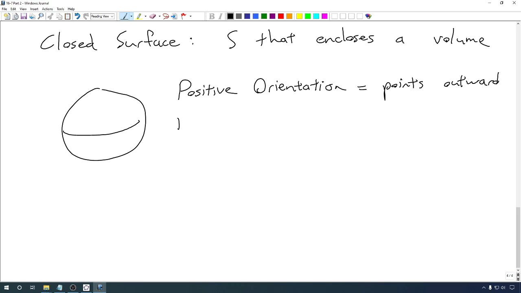And of course the negative orientation will be the other one, the one that points inwards.